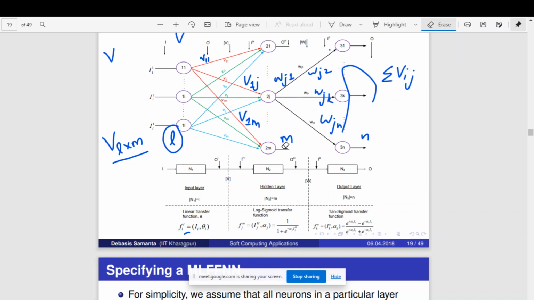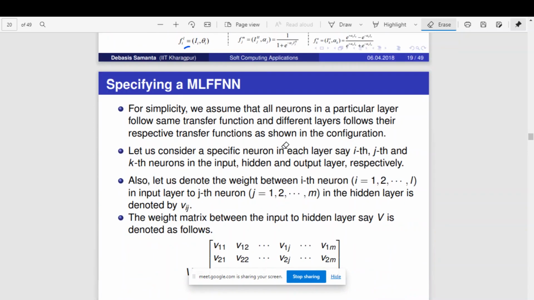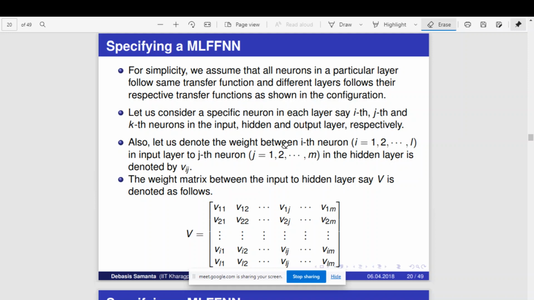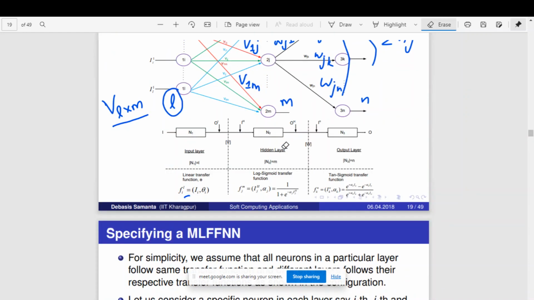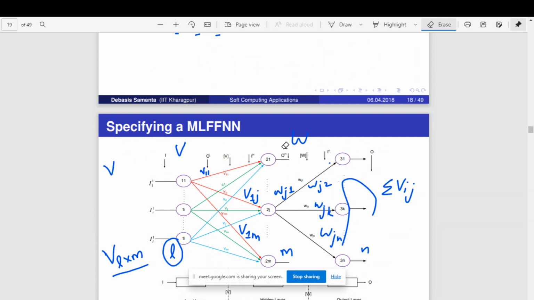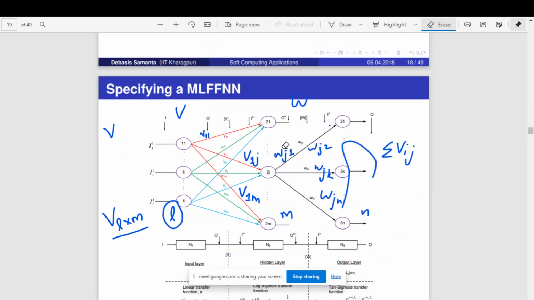With this understanding, let us try to understand how training works in a multi-layer feed-forward neural network. Our objective is to identify all the weights corresponding to the V matrix and the W matrix, because that is what we don't know.